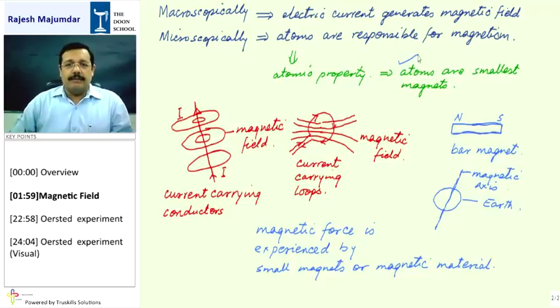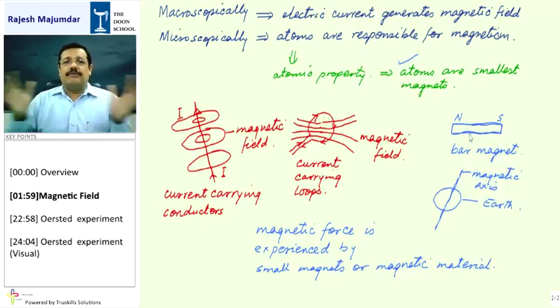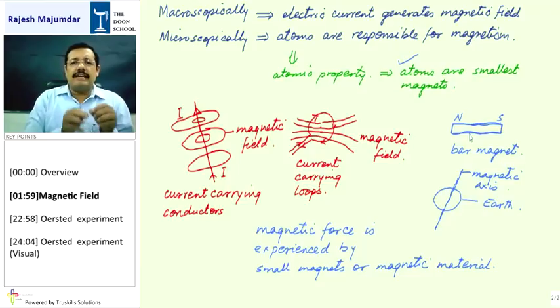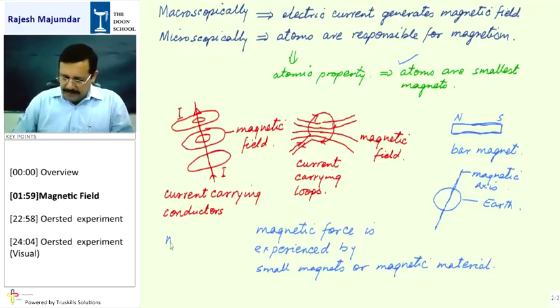But all substances can be categorized into different categories. Some magnetic substances show a lot of magnetic property and they are called magnetic substances. Some show very, very less or feeble magnetism, and that is why they are called non-magnetic substances. And one more interesting thing: matter is magnetic.